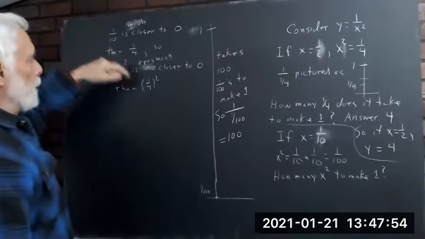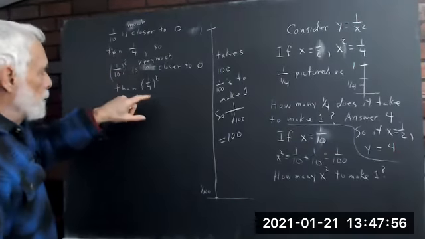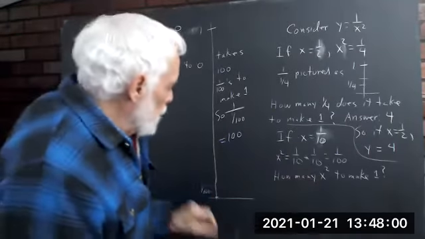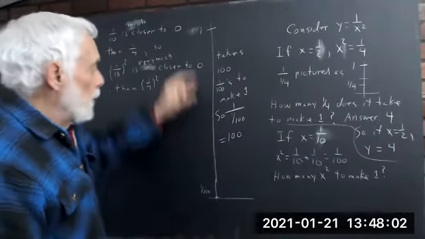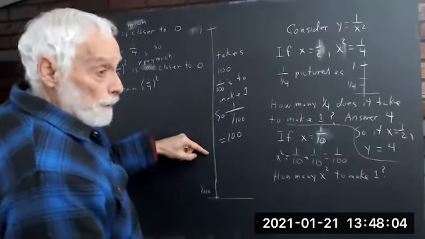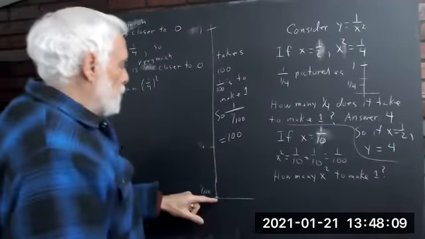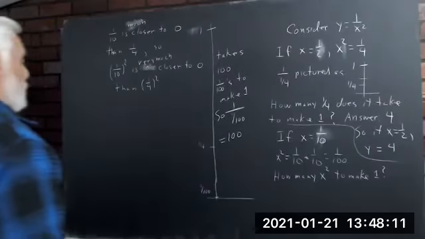Okay, 1/10 is closer. 1/10 squared is very much closer, because 1/100 is way closer to 0 than 1/4, which would be like here. Okay, so here'd be your 1/4. Here's your 1/100, way closer to 0.